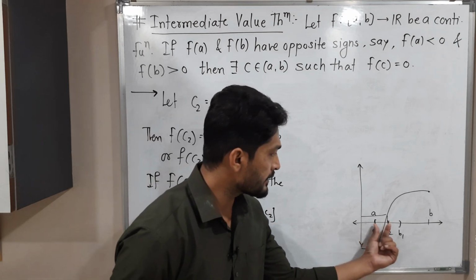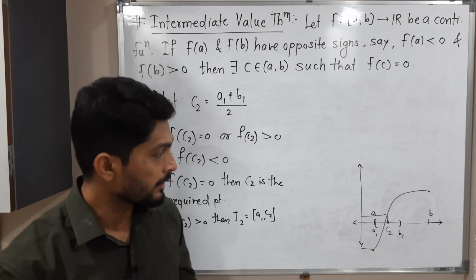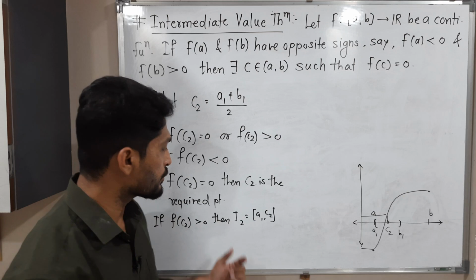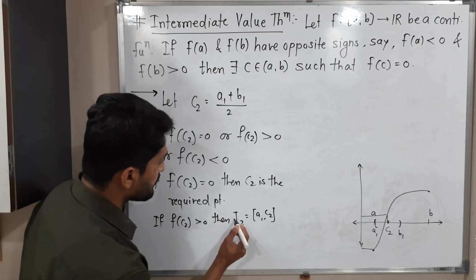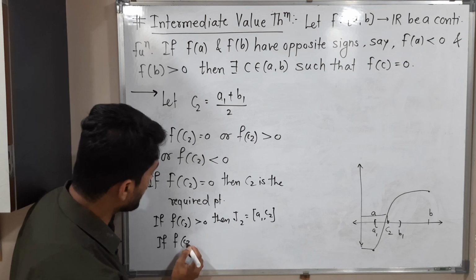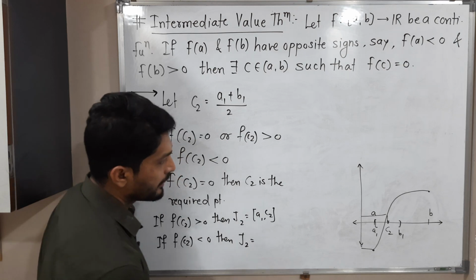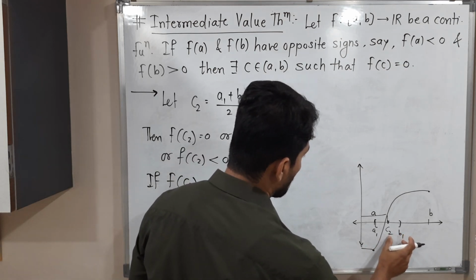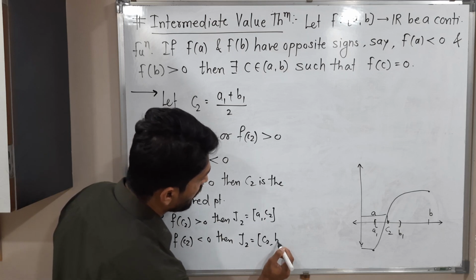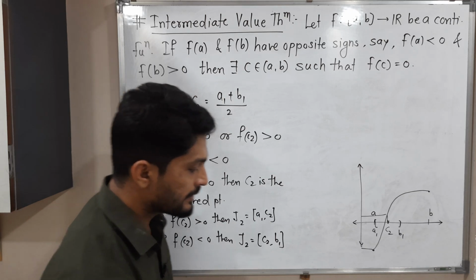Since at the end points of this interval the function has opposite signs, at a1 negative and at c2 positive, that will be my second subinterval. Can you guess, if f of c2 is negative, what j2 should be? If at c2 and b1 the function has opposite signs, then my interval should be c2 comma b1, right? Okay. So in this way I got j2.